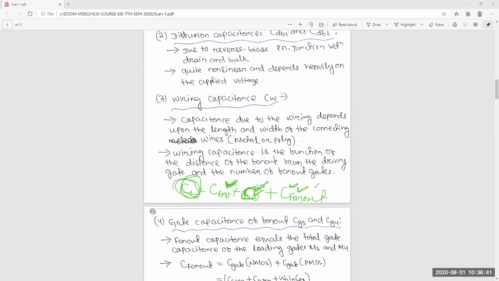Also in the output stage, similarly for that inverter, if you do proper design, then the overlap capacitance cannot be ignored, but the other capacitance related to the diffusion capacitances will not come at the output. So these two things you can reduce by doing proper layout, and the other you cannot reduce.